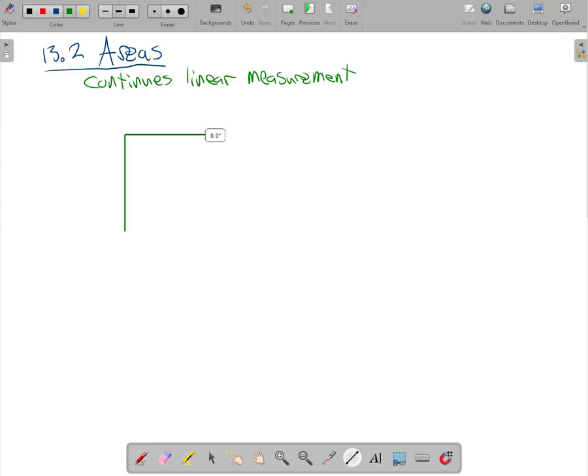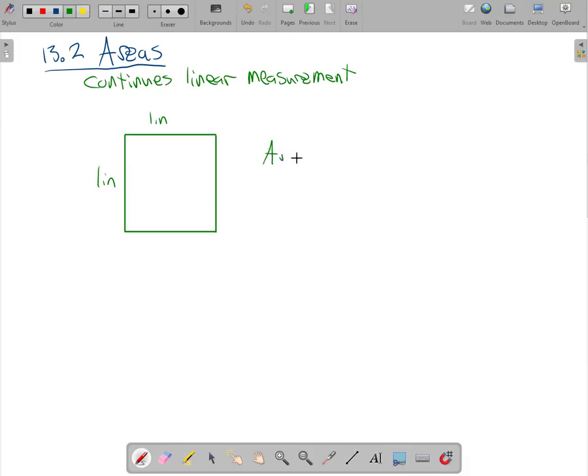So suppose this is 1 inch by 1 inch blown up on the screen.